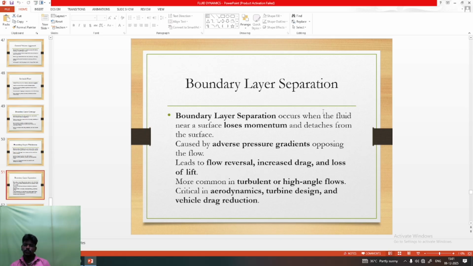This leads to flow reversal, increased drag and loss of lift. It is more common in turbulent or high angle flows. It is critical in aerodynamics, turbine design and vehicle drag reduction.